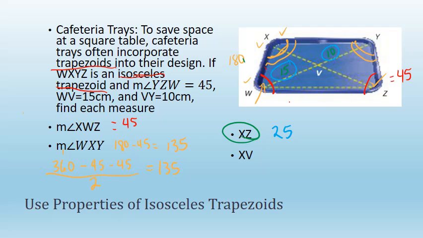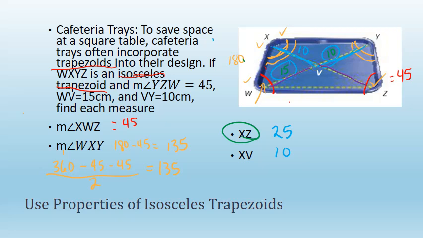All right, and then it asks what is XV. So what is this section here? Well, it's going to have to equal VY, and so it also is going to equal 10, because this segment is congruent with this segment, and this segment is congruent with this segment by definition.